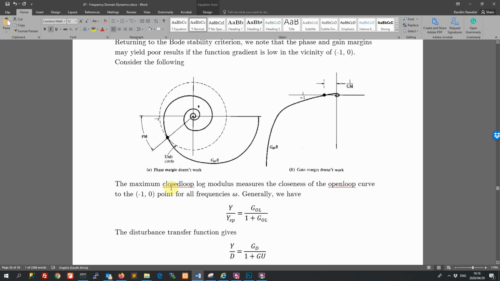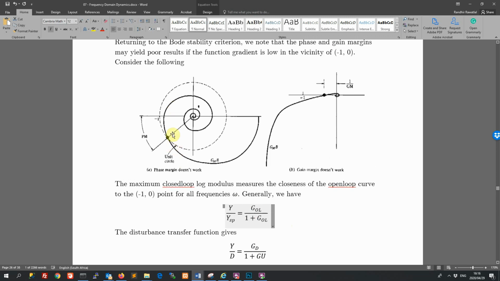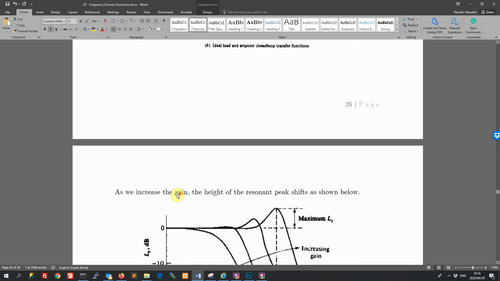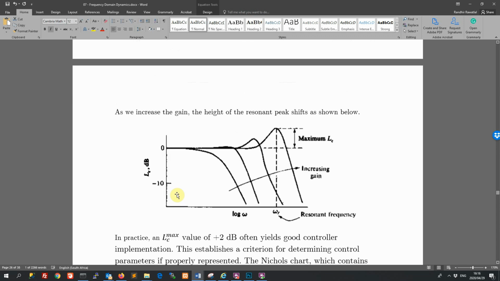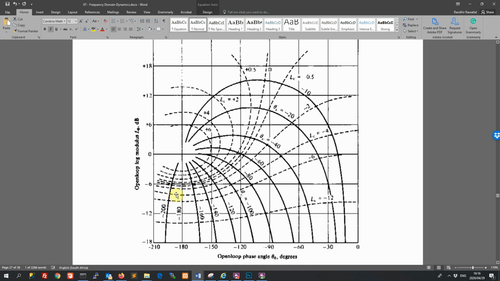So instead of trying to estimate from specific characteristics of the open loop, if we instead just go ahead and plot for ourselves the closed loop transfer function, then we can see at all stages how close we are to that minus 1, 0 point. And so that's the basis of the closed loop contours on our Nichols chart.